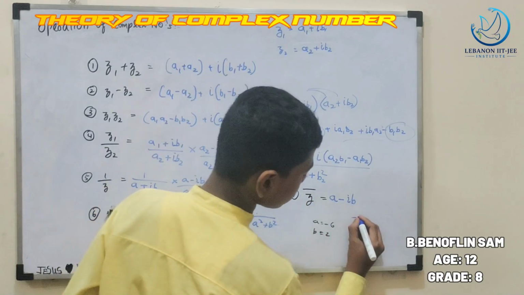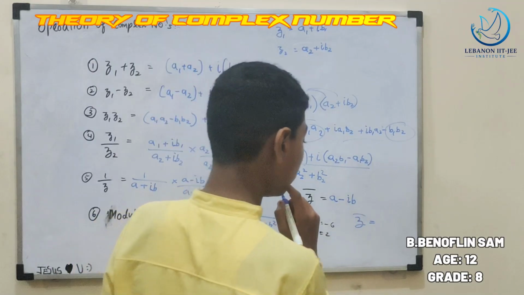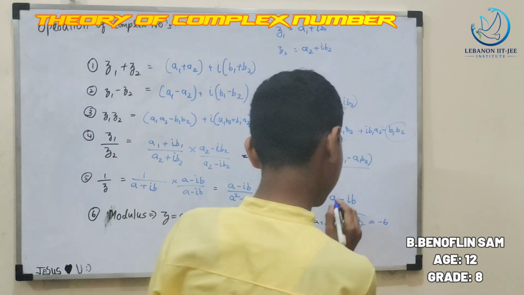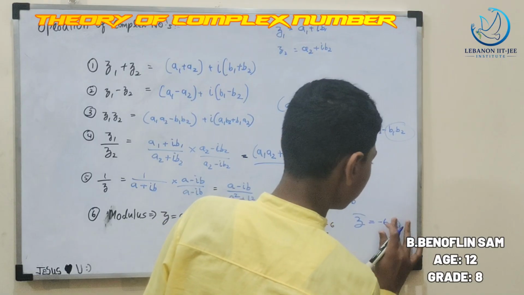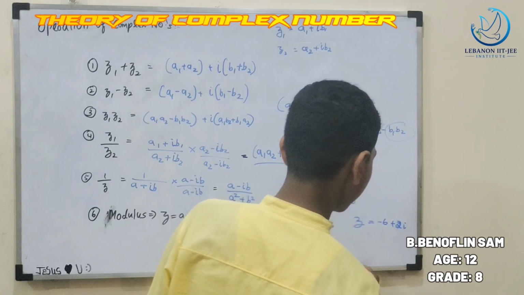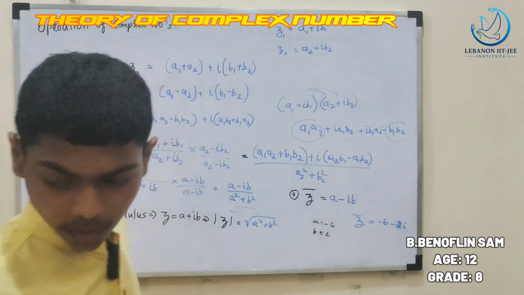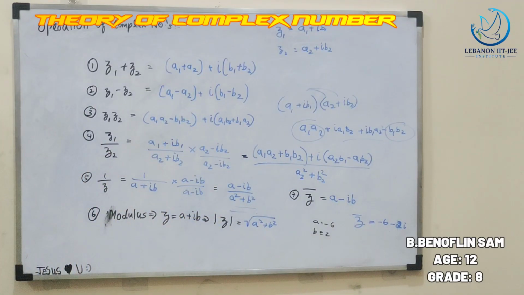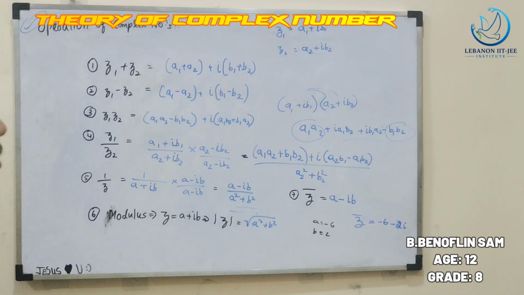Then the conjugate of z is minus 6 minus 2 iota, only the sign changes. I think that's all for operations of complex numbers.